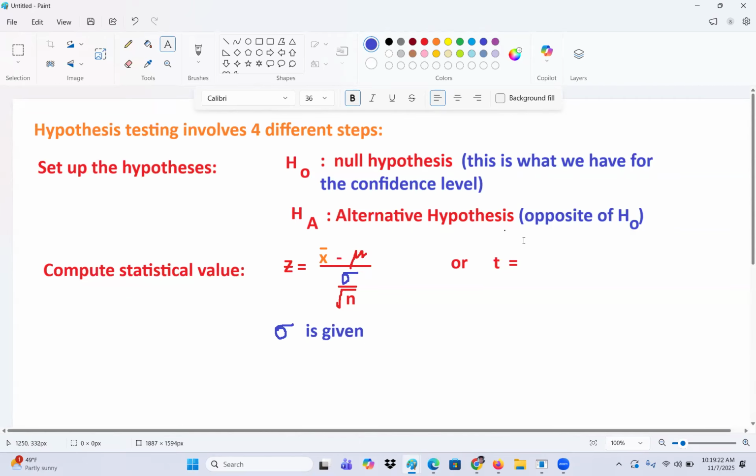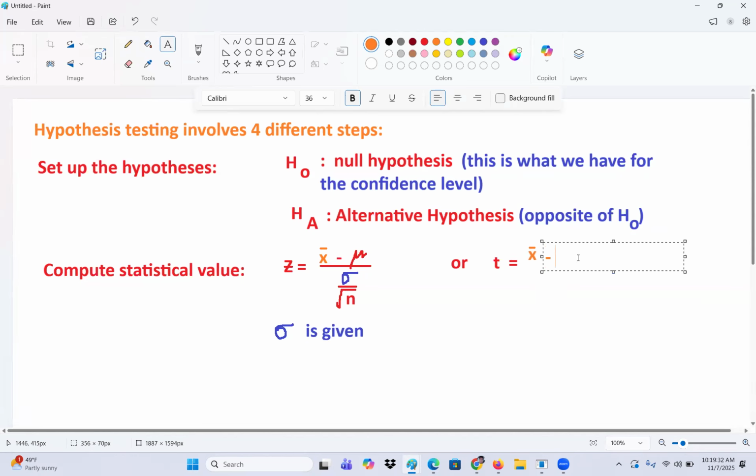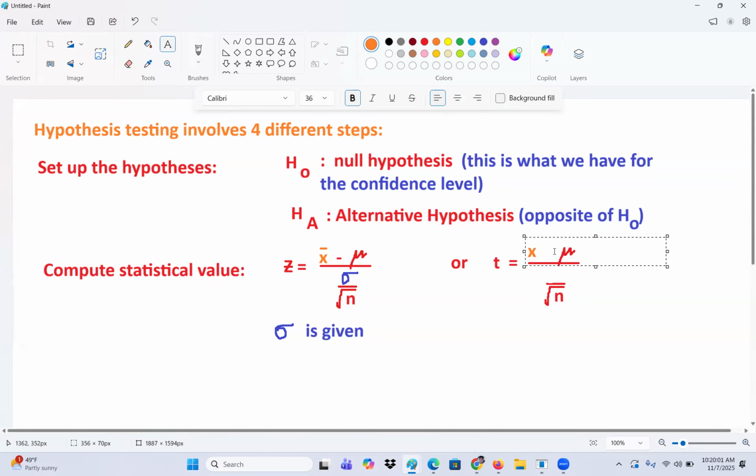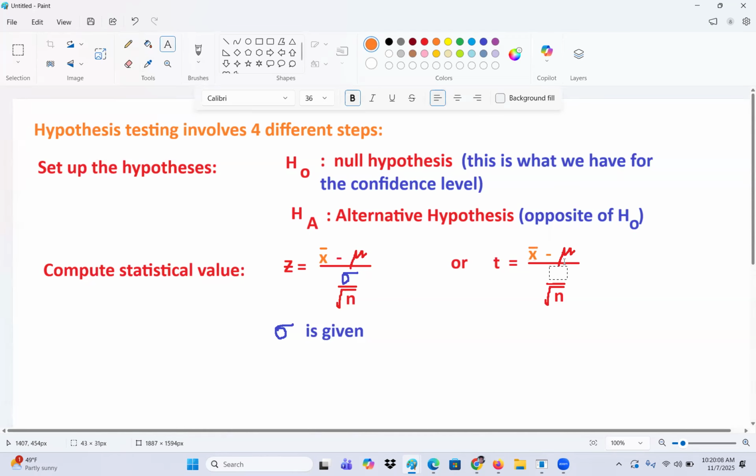For the t-score, we literally do the same thing, x bar minus the mean, over s divided by radical n.